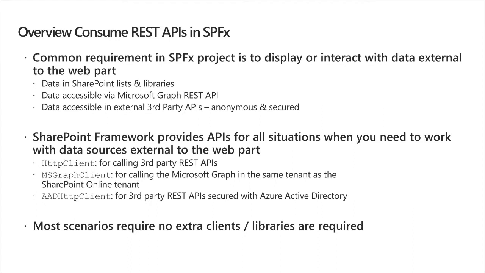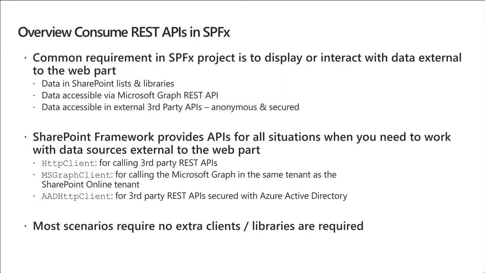And then the third option that we have, I have it listed as the second, is the MSGraphClient. And this is going to be great for calling the Microsoft Graph REST API. Now, it's using the same infrastructure to get the token that we need to call the graph that the AAD HTTP client is requesting.